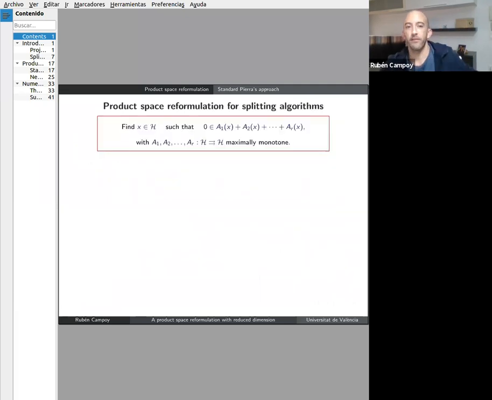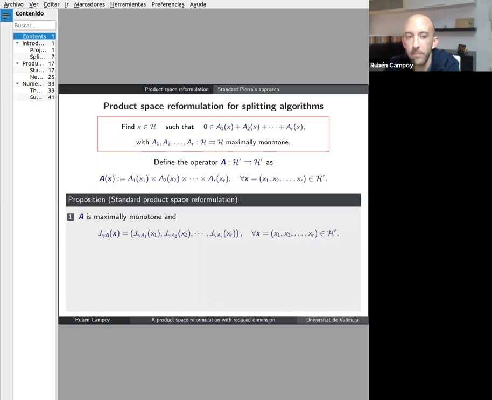Okay, so this is the reformulation for feasibility problems. It can be extended to general monotone inclusions. The approach is the same. We want to find a zero in the sum of R maximally monotone operators. So we just consider the product operator A, which is computed component-wise.